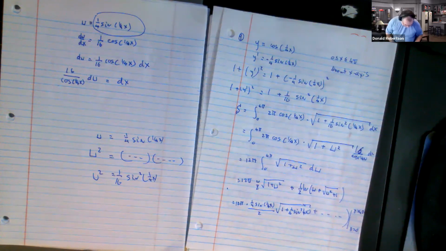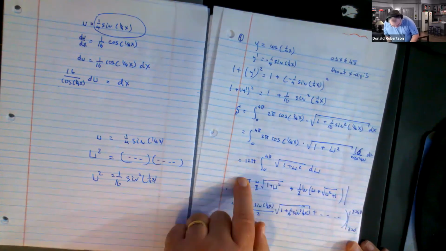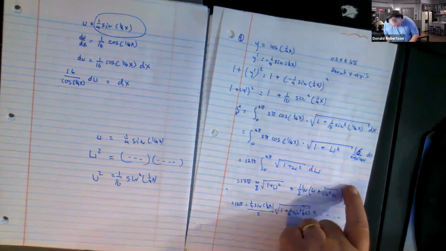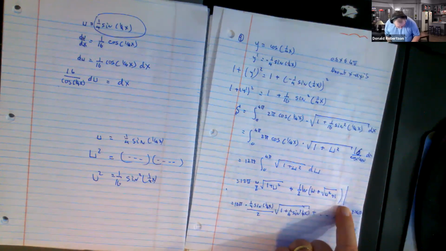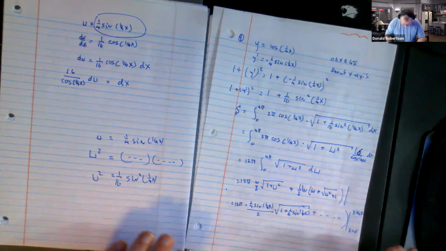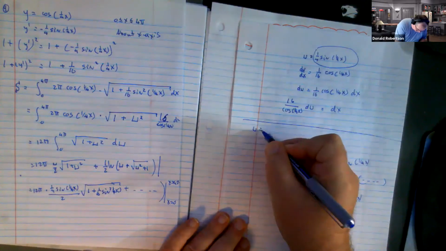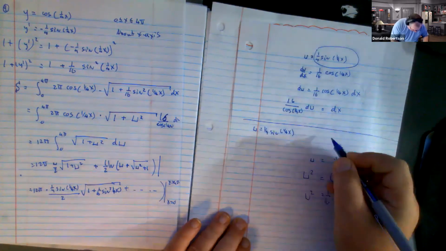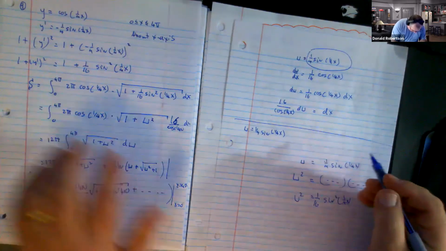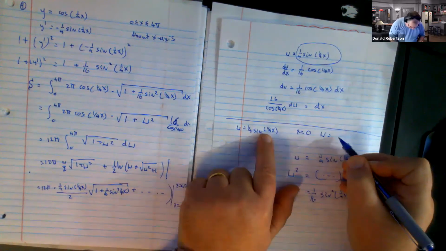You could, however, do this integral but not with x equals 0 to x equals 4 pi, because those are the x limits. But you could convert them into what they would be for u. How do you do that? If you take your u sub and look at the limits, when x is 0, u is 1/4 the sine of 0, which is 0.